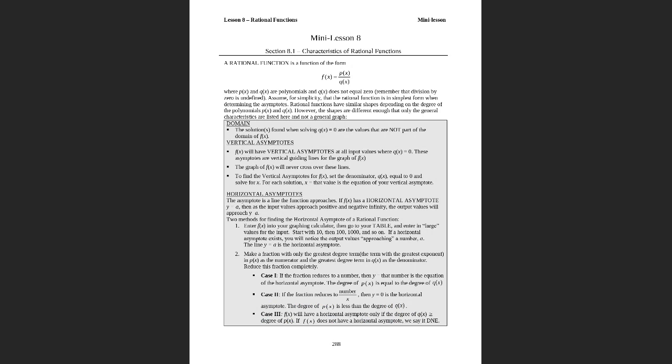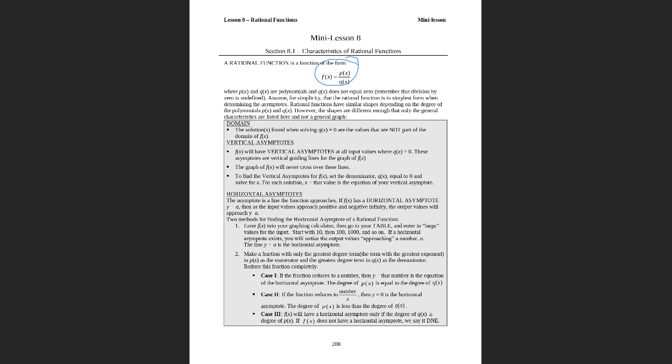So for a rational function, we know that we are going to have this general form: f of x equals p of x divided by q of x. And remember that in lesson 7 we did use p of x a lot.